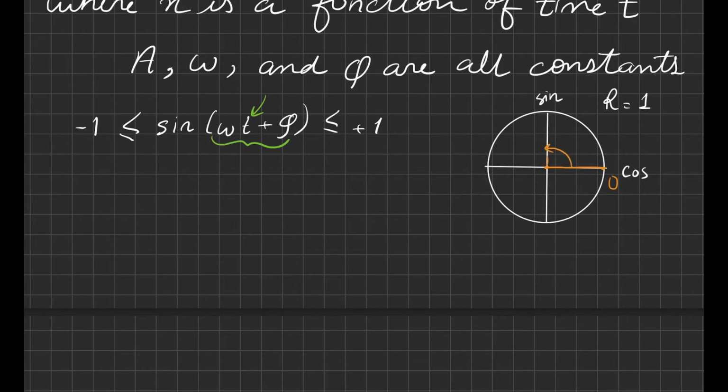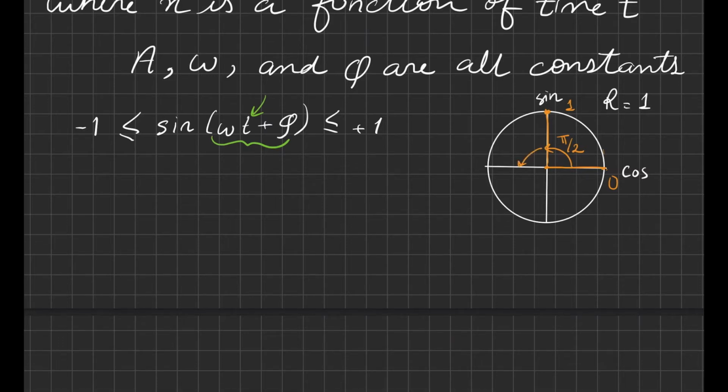If we go a bit up and we have the angle pi over 2, look, the angle is all the way here. Where's the sine? It's on the circle, and the radius is 1, so the sine would be 1. So the sine of pi over 2 is 1.